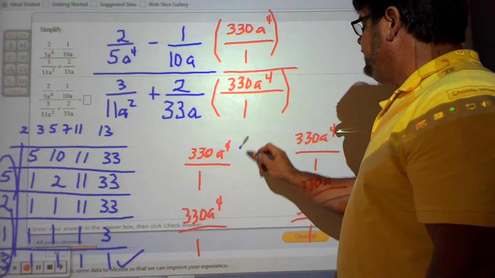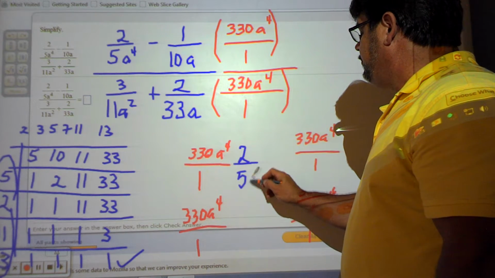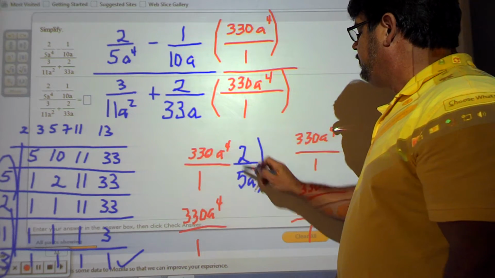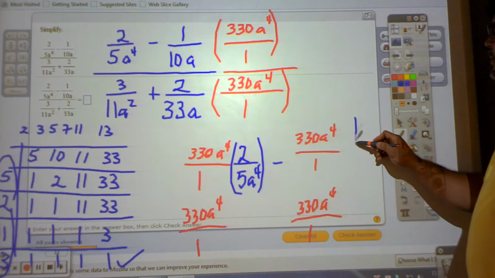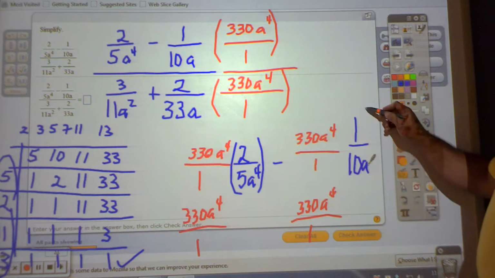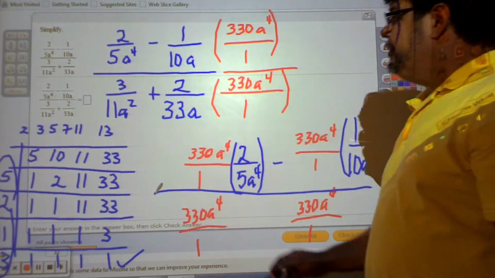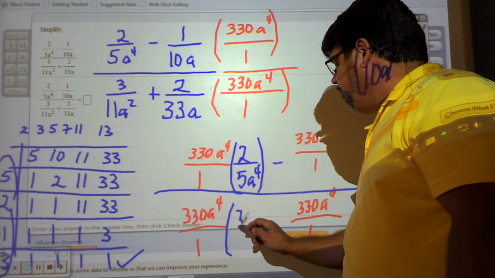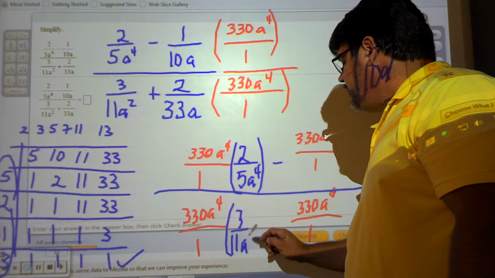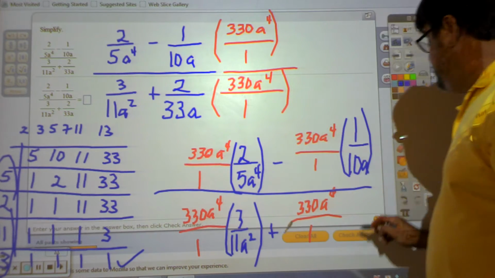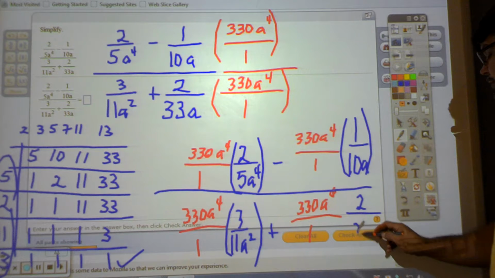Two over 5a to the fourth, minus 1 over 10a, 3 over 11a squared, 2 over 33a.